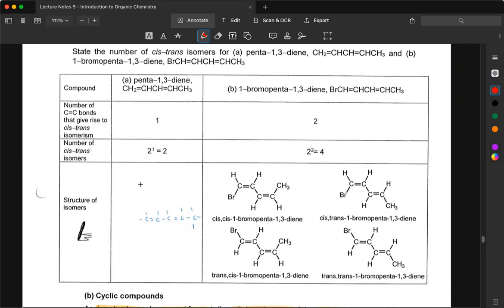So one of it could be this one, it cannot be here, it's here. Will be this. Probably this one, here. They're all in the same plane.